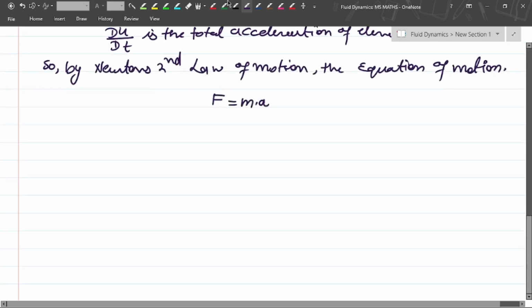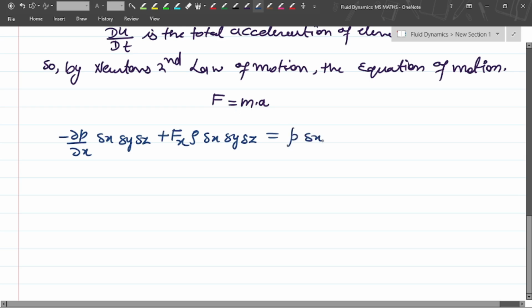Now we have F. What is F? That is dou P by dou X, del X, del Y, del Z, plus the net force in the direction of X into the mass, that is rho del X, del Y, del Z, is equal to the mass, rho del X, del Y, del Z, into du by dt.